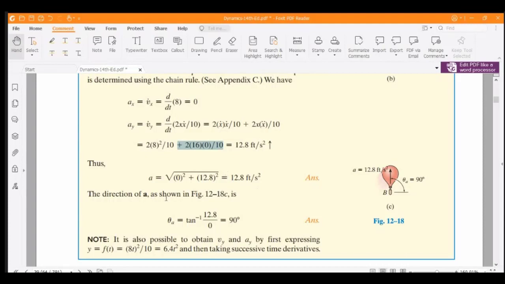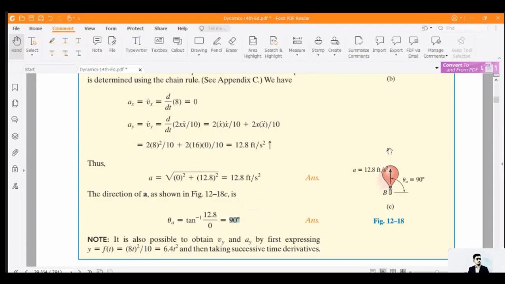The direction of a is shown with the tangent again. So y direction, this is the perpendicular, this is the base. So the angle of a equals 90 degrees. Why? Because acceleration doesn't act in the x direction. Only in the y direction there is an acceleration.